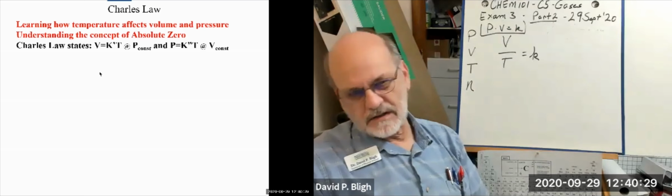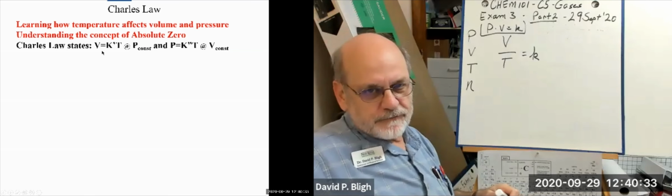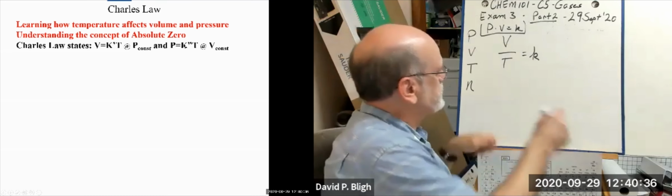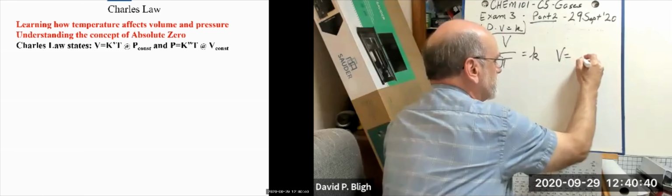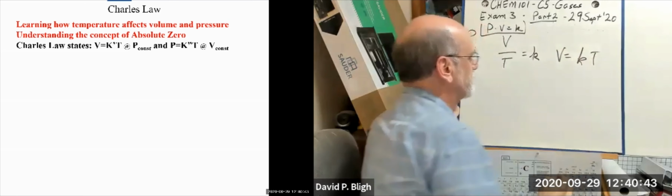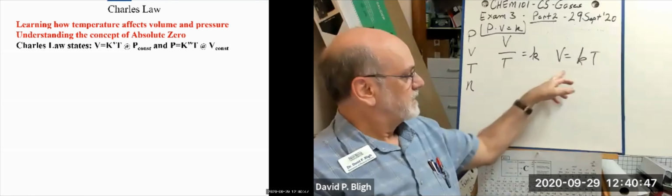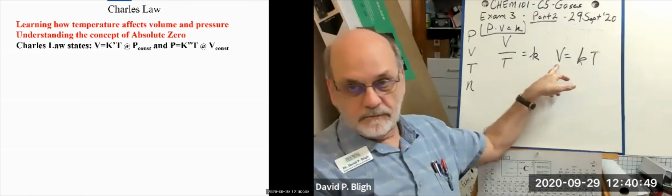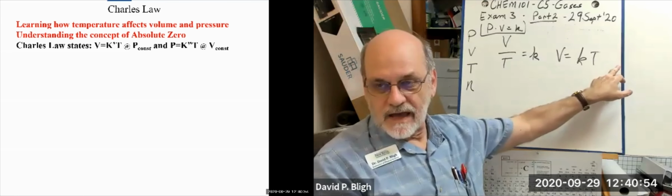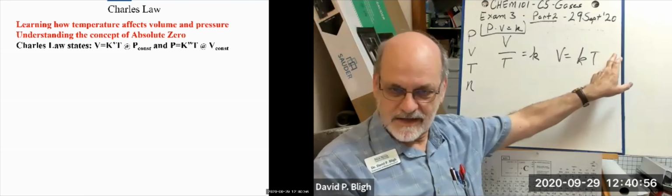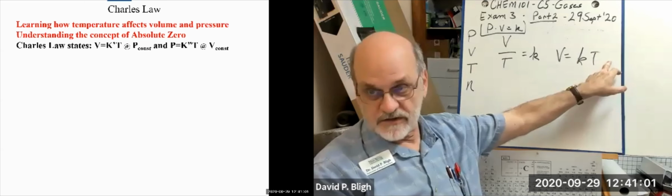Okay, so there's one version of Charles' law. This first version is just rearranging these things, and you get volume equals K times temperature. So what does that mean? Well, notice that we have y equals mx plus b, and the y-intercept is through the origin, so b is equal to 0.